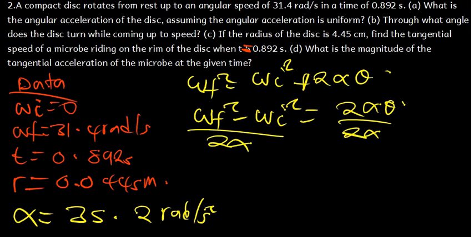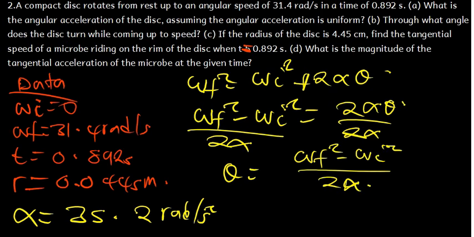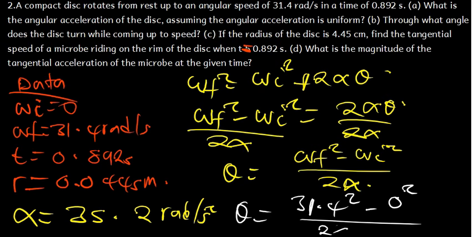So theta will be equal to the final squared divided by 2 alpha. Let's plug in the values. Theta will be equal to the final velocity, 31.4, squared, minus 0 squared, everything divided by 2 times the angular acceleration we have found, 35.2. So let's see what we're going to have.